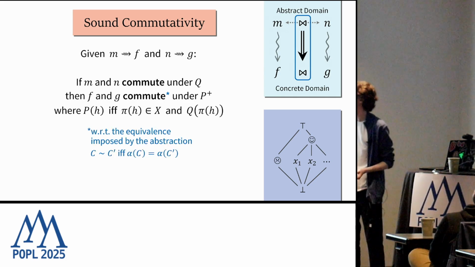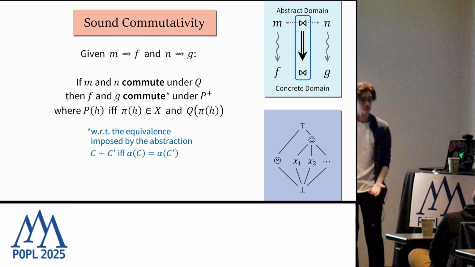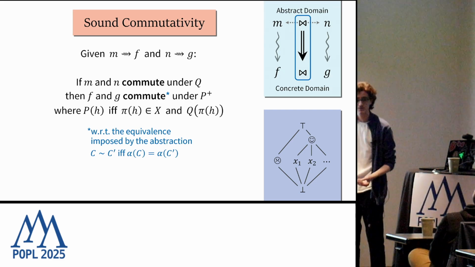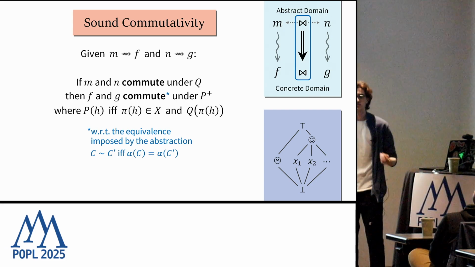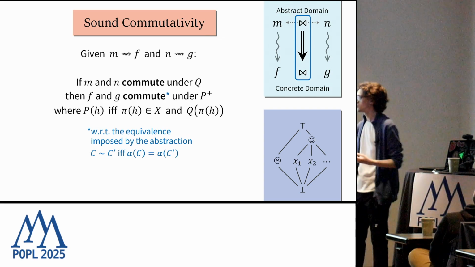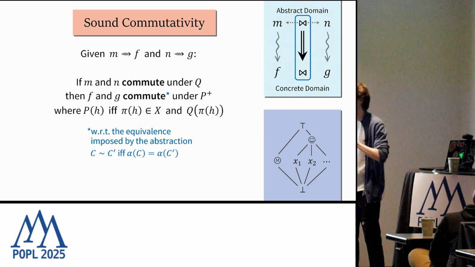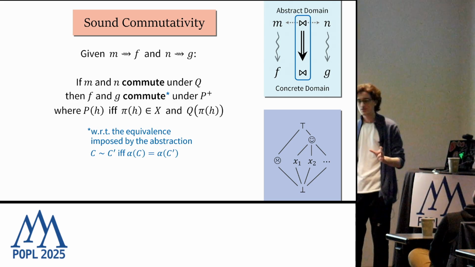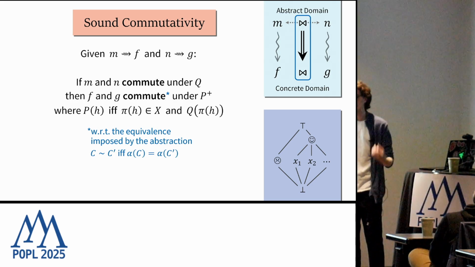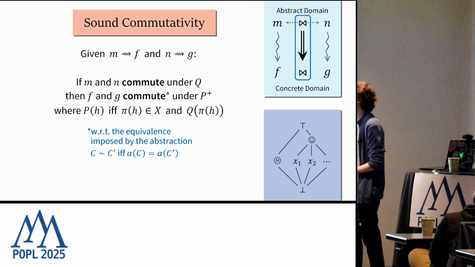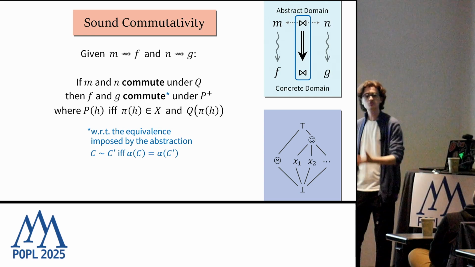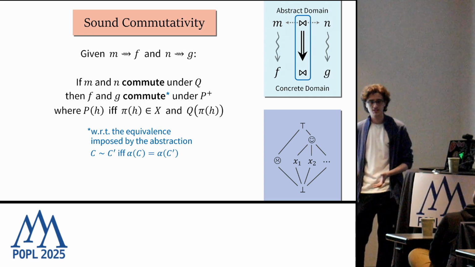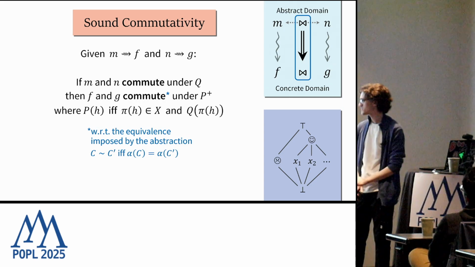Two details to note here. The first is that we said that concrete commutativity was with respect to some equivalence. In particular, here the equivalence that we get is that which is imposed by the abstraction. So we get that the results on either side of the concrete execution, if they both map to the same abstract value, then they are considered equivalent, which means that the projection function that we choose induces the observational equivalence that we're interested in the concrete space.